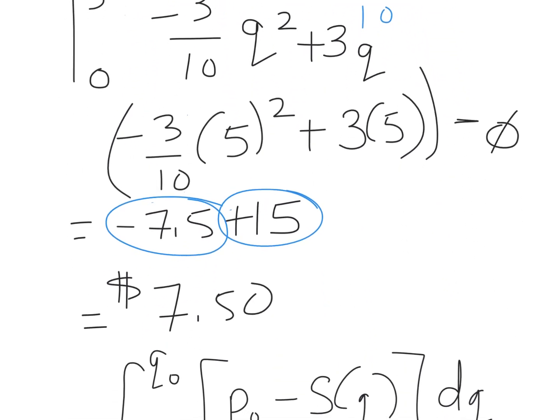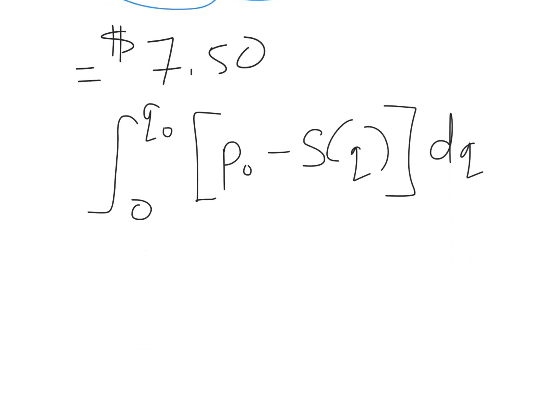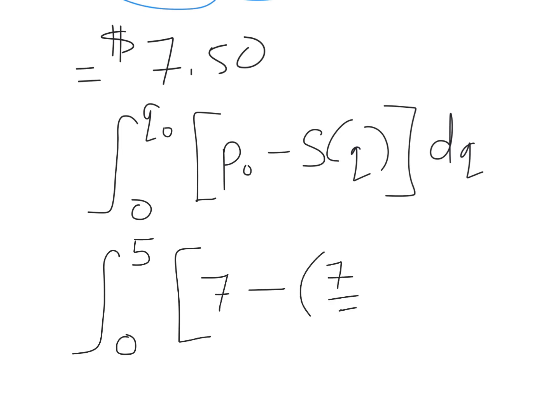Wow, see how much work there is? Lots to do. Okay, we're going to integrate and evaluate between 0 and 5, which is the equilibrium quantity, of the equilibrium price, which, what did we say that was? 7. 7 minus the supply function.